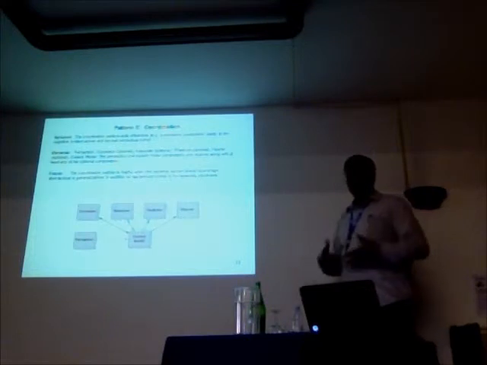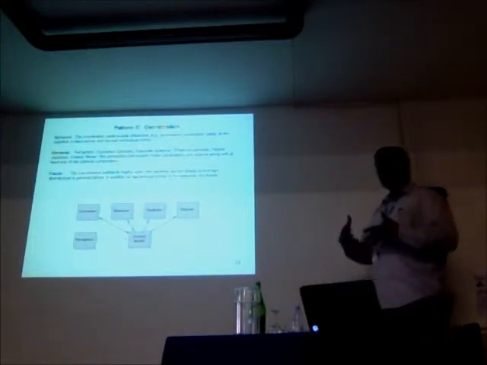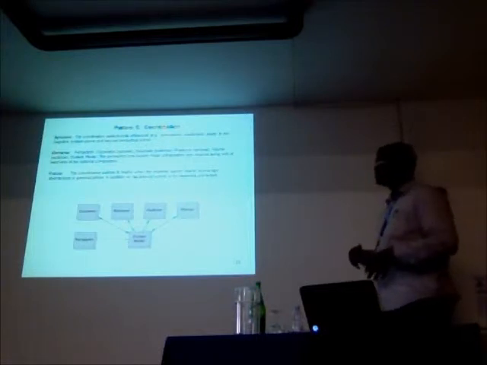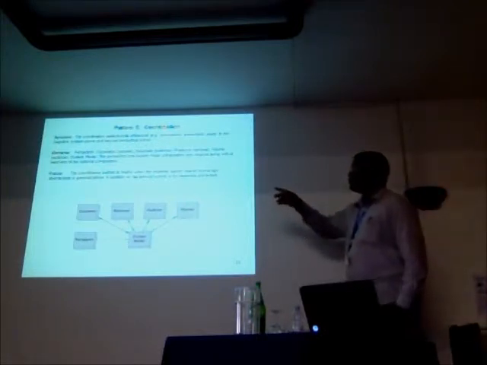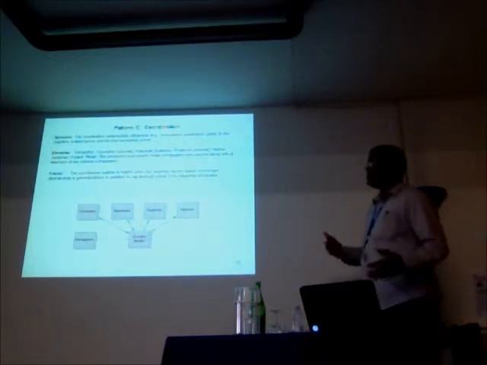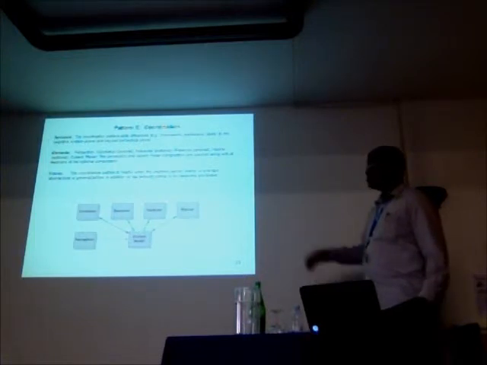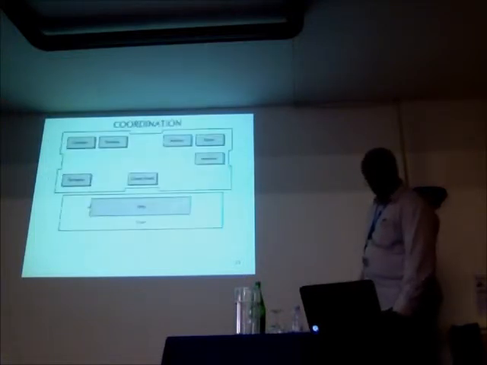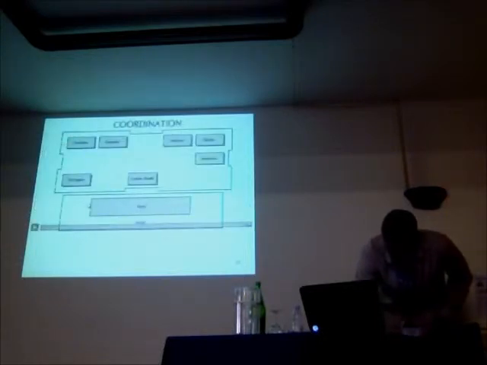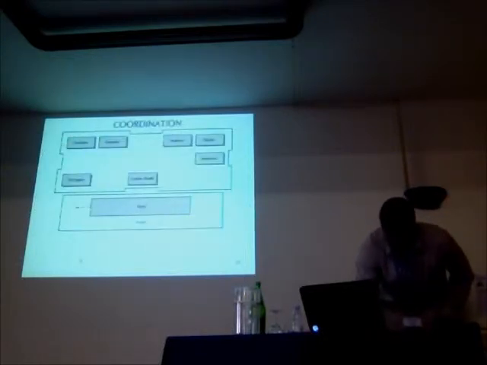So coordination is the name of the pattern that you use to add additional inferences to it. And the coordination pattern is helpful when the cognitive system needs to leverage abstractions or generalizations in addition to the raw sensory stimuli in its reasoning process. And we can see how this works.